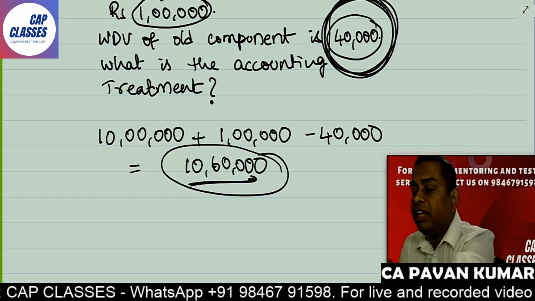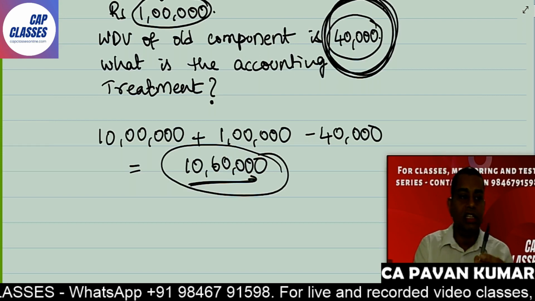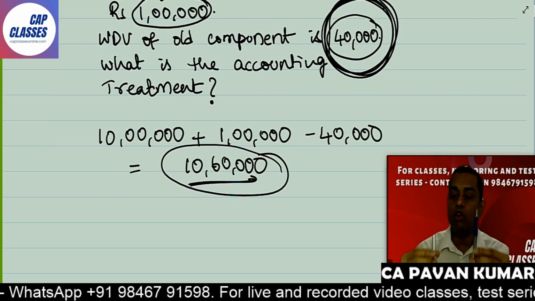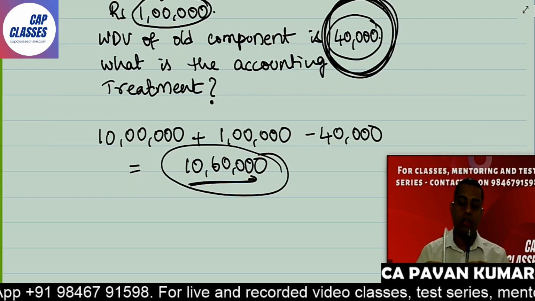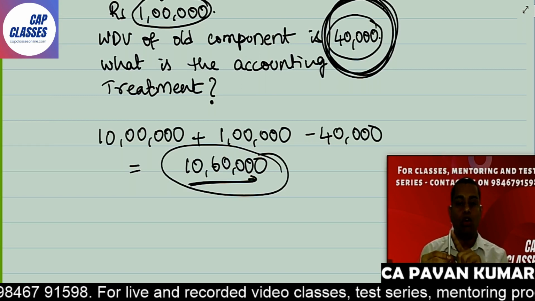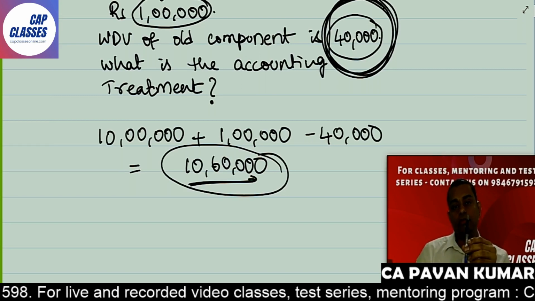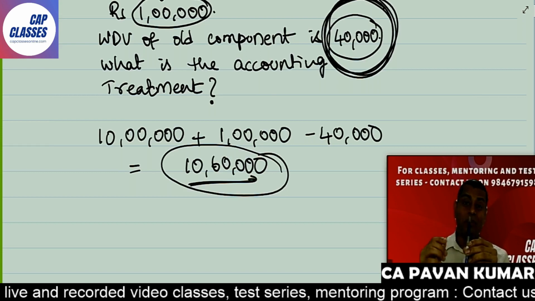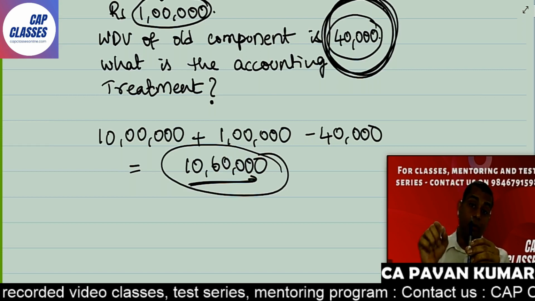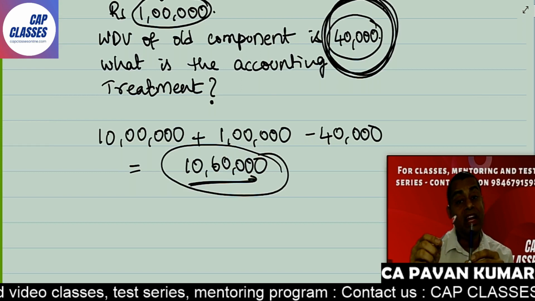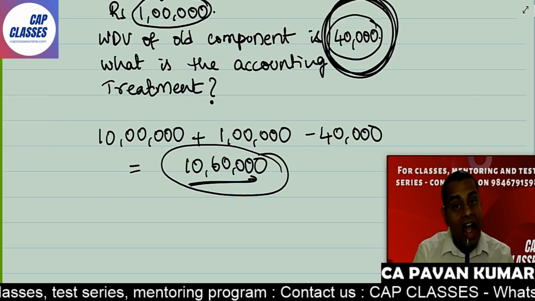See, it is something like this. This is a pen, this is a pen. Okay, this is my old component and this is my new component. Now, this is 1 lakh I know, but how much is this I do not know. I bought it 5 years back.